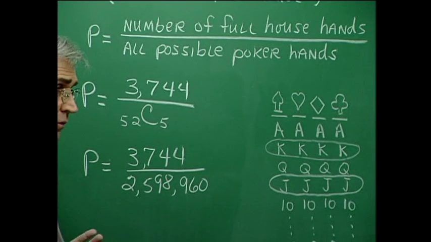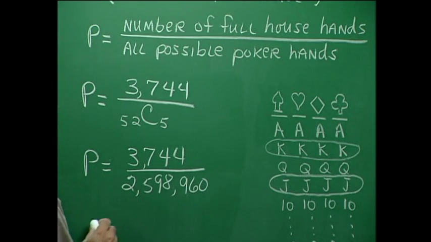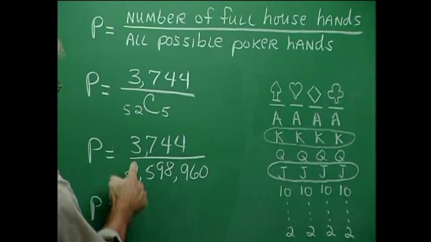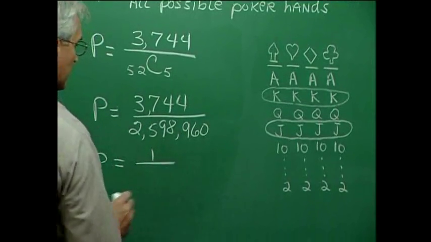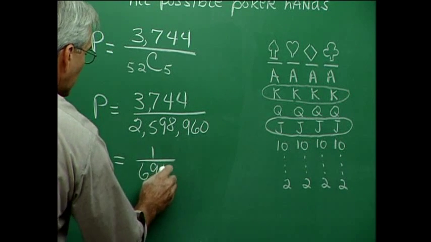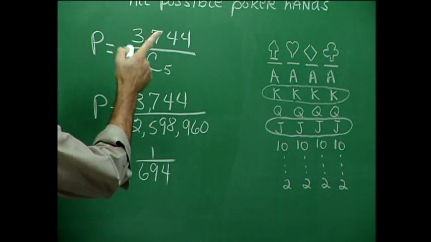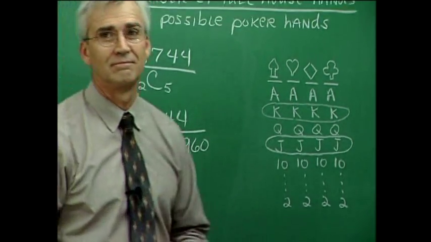But even if it doesn't, we could use an approximation there and get a better feeling for the probability number. Now, if we did that here, divide both numerator and denominator by 3,744, we would get 1 as expected in the numerator, and in the denominator we would get 694. So the probability of drawing a full house hand is approximately 1 in 694.